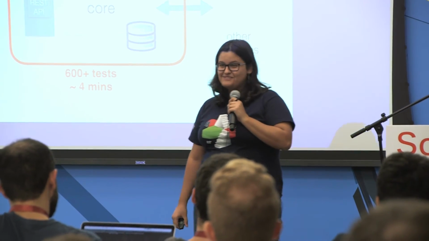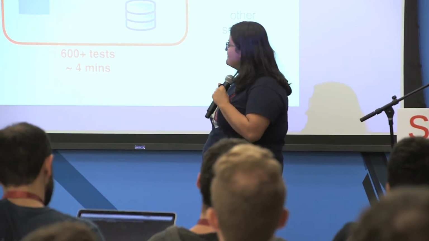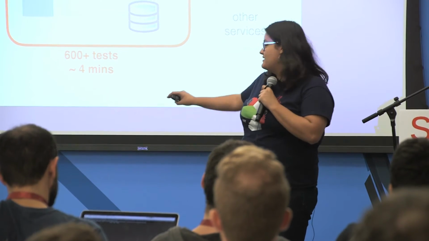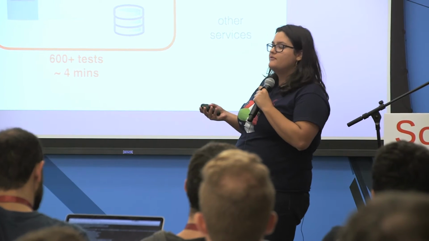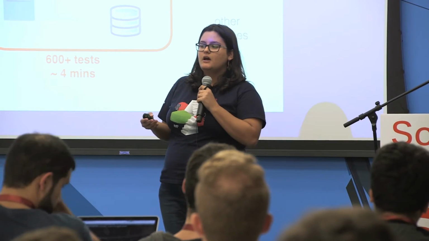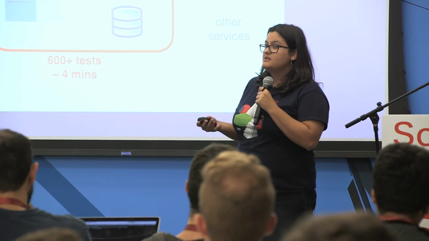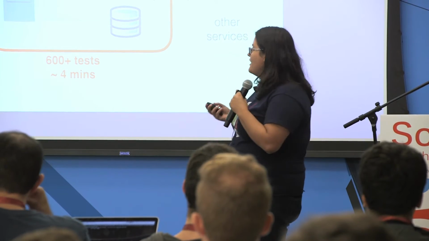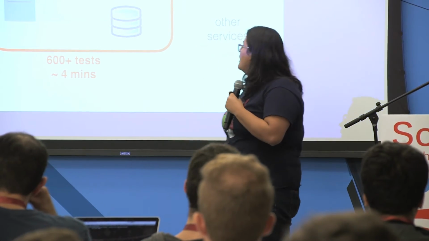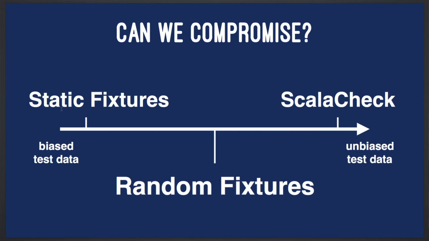And the database wasn't really happy about it. Right now, the tests take around 4 minutes. We could have improved our infrastructure to have a bigger database to handle the load. But again, we are a startup, we're not Netflix, so we don't have a lot of money to spend on infrastructure.